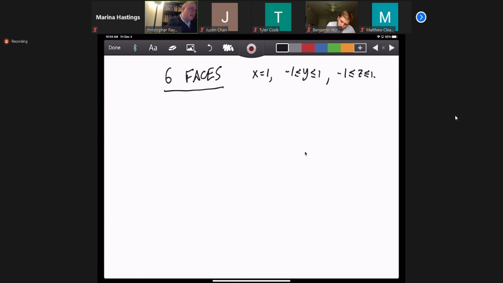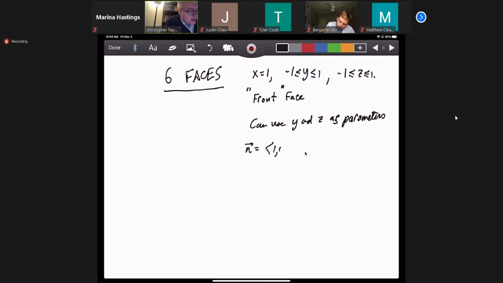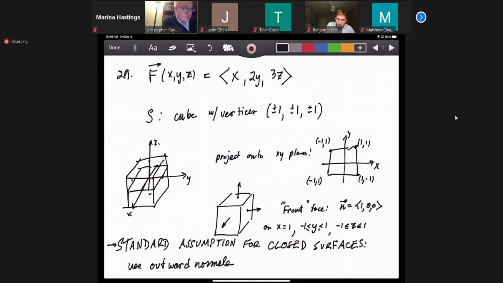Right, so for that surface, we can use y and z as our parameters. Okay, and we said that the normal is just going to be a unit vector in the x direction. So what is f dot n going to be there?